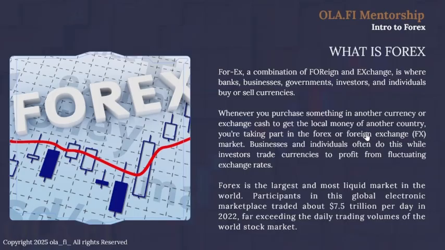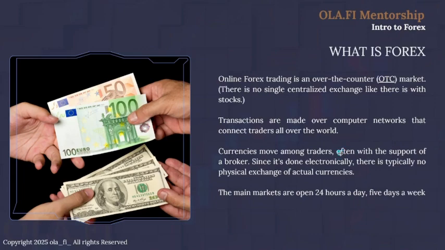So you see, this is not all for profit. This is just exchanges that happen because of the nature of the different currencies that exist in the world today. So yeah, still on Forex. Online Forex trading is an over-the-counter market. There is no single centralized exchange like there is with stocks.